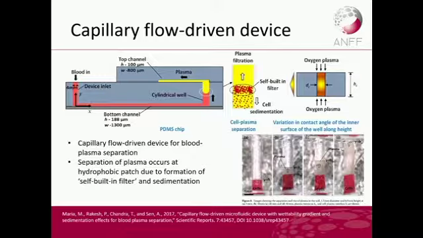So it creates a sort of jump barrier for the blood to go through. At that region, the cells, because they're heavier, slow down and create what they call a self-built-in filter, and then the plasma can still continue across. So it's quite a nice experiment where they are able to separate the cells from the plasma part of the blood.